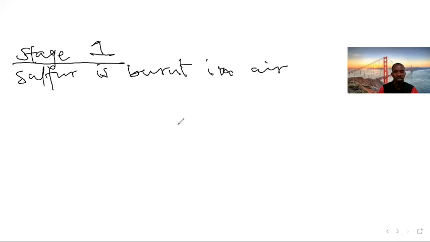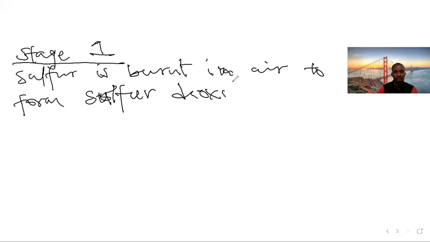Sulfur is burnt in air to form sulfur dioxide. So that's stage 1. Sulfur is burnt in air to form sulfur dioxide.